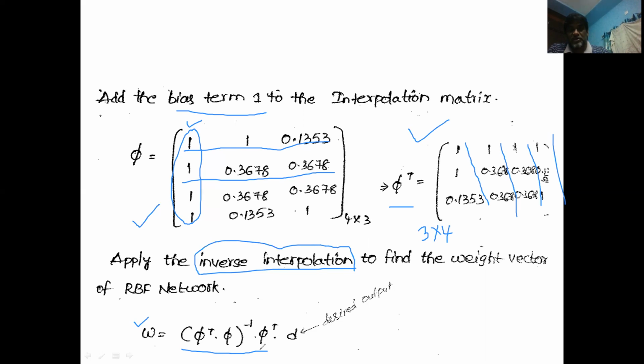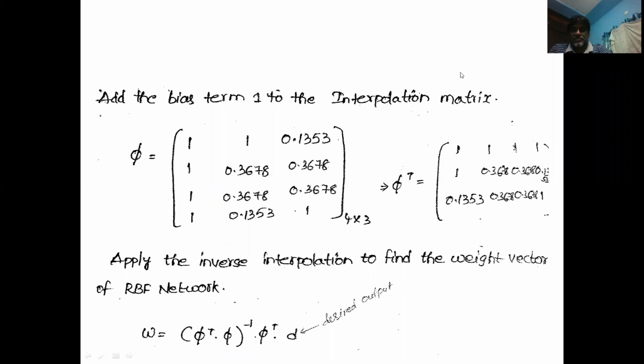This will perform the inverse interpolation, and that will become the phi, into the desired output t. If we calculate this, then we get a weight vector W that defines our radial basis function neural network.